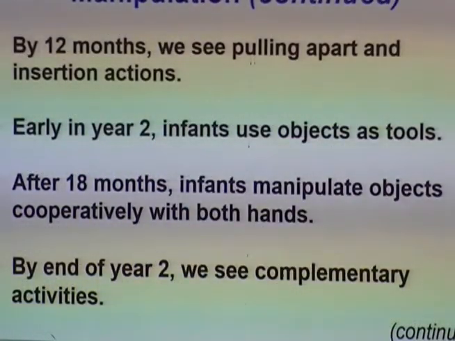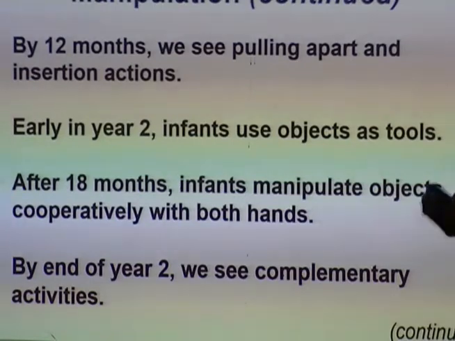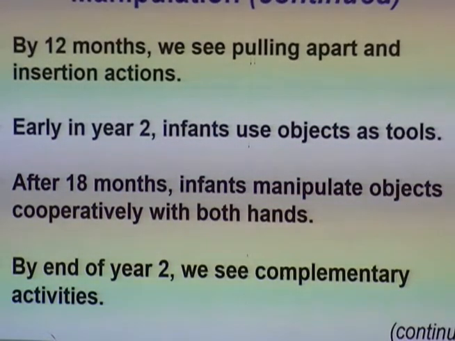It takes until around 8 months before we can really disassociate and do something different with each hand at the same time. So it takes quite a lot of practice for me to get to the point where my left brain can tell my right hand to do something, and my right brain can tell my left hand to do something.